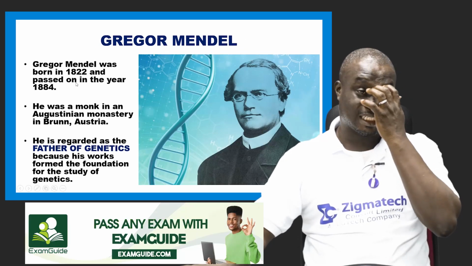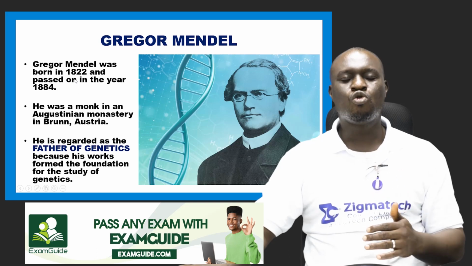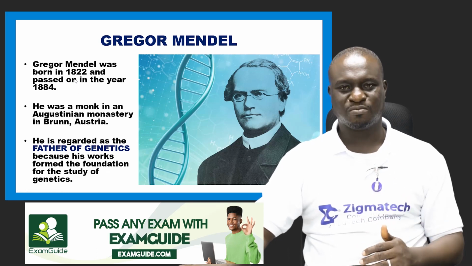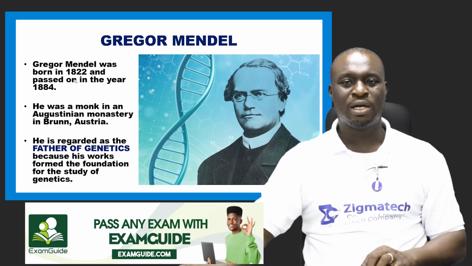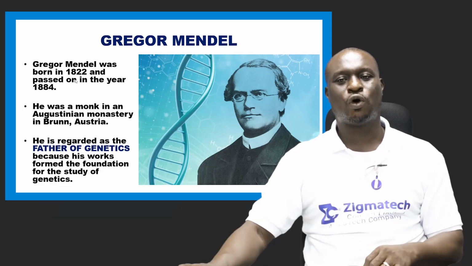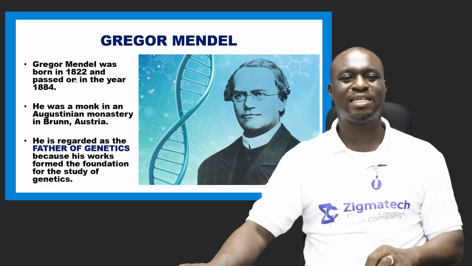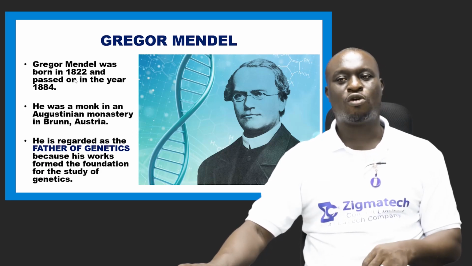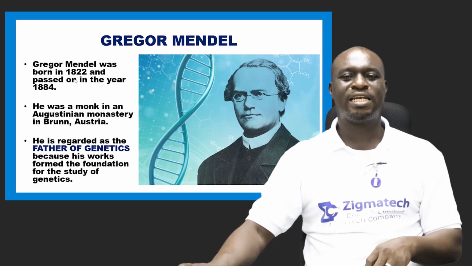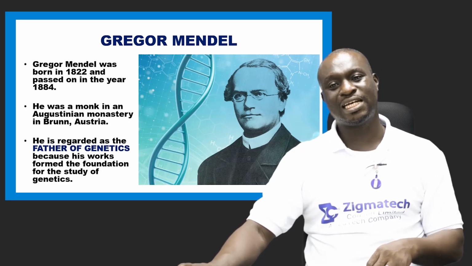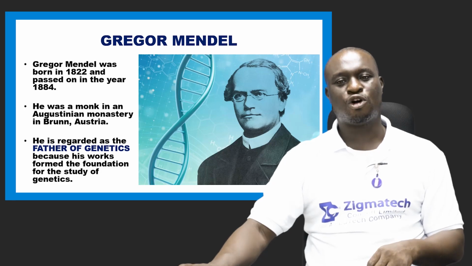Now let's begin with a look at who Gregor Mendel is. Gregor Mendel was born in 1822 and he passed on in the year 1884. As you can see on the screen, he was a monk in an Augustinian monastery in Austria.